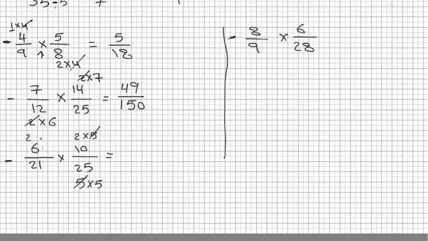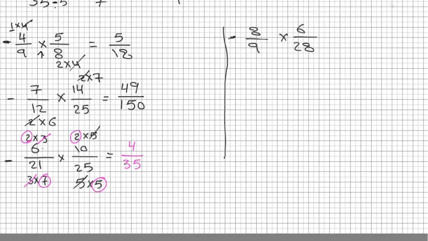Or I can say 6 is 2 multiplied by 3, and 21 is 3 multiplied by 7. Now I can cancel the numbers together. 3 with 3, we still have 2 and 7. And here 5 with 5, we still have 2 and the other 5. Now we can multiply. 2 times 2 is 4. Then 7 multiplied by 5, the answer is 35.